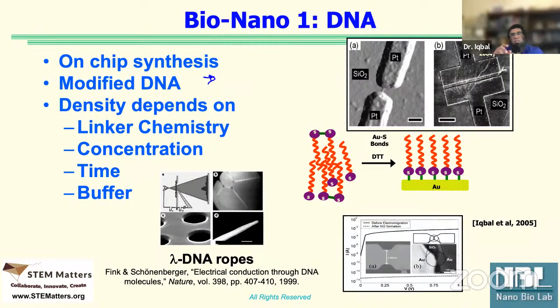So in all cases, the DNA molecule has to have a linker group at the end, right? Like for a gold surface, it has to be a sulfur group. Again, it's showing the same thing here. And that modified DNA then requires careful calculation of what the surface charge is, or what kind of surface, self-assembled monolayer, we are putting on the surface.